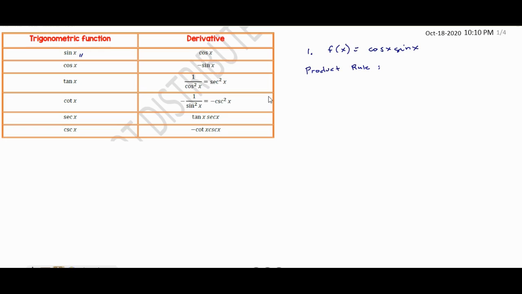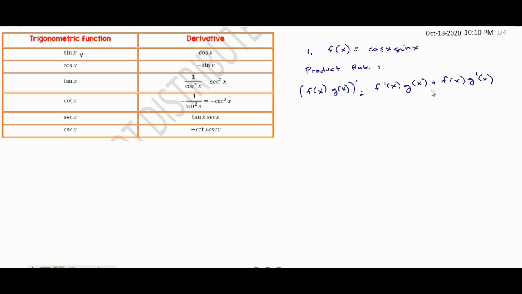Okay, so for the product rule, f of x times g of x, if you are asked to find the derivative of this function, all you have to do is to multiply the derivative of the first function by the second function and add it with the first function times the derivative of your second function.